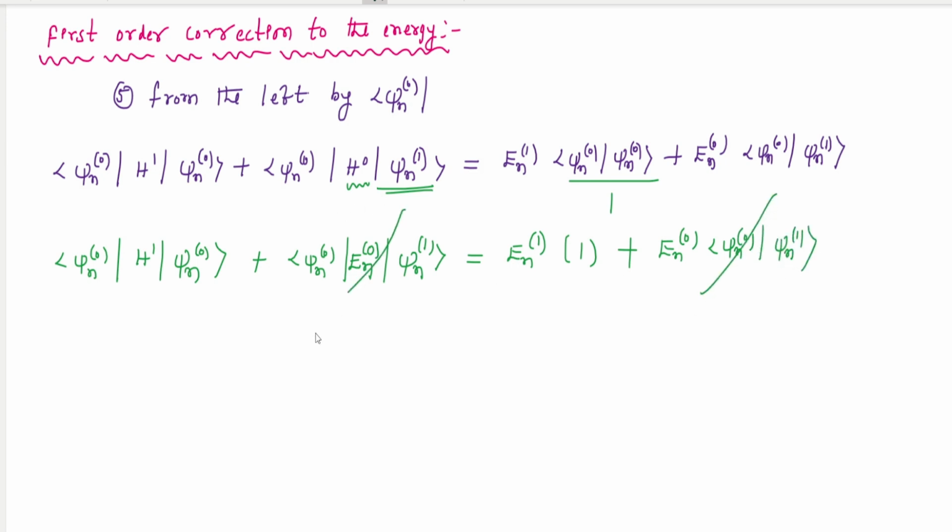These two terms are cancelled, right? Because this is a scalar, we can write it here: En⁰ ψn⁰ ψn¹. If you want clarity, I can write this term like this: En⁰, the ket zeroth order wave function, the ket first order wave function.